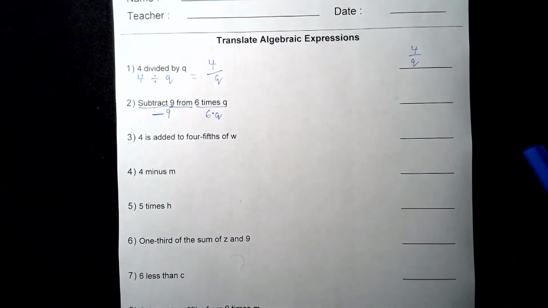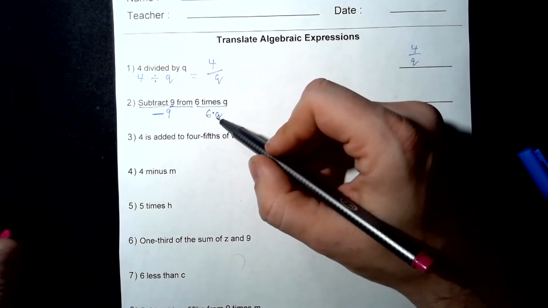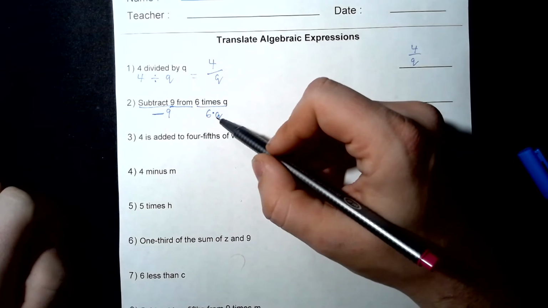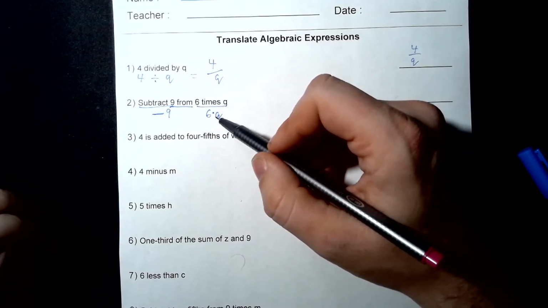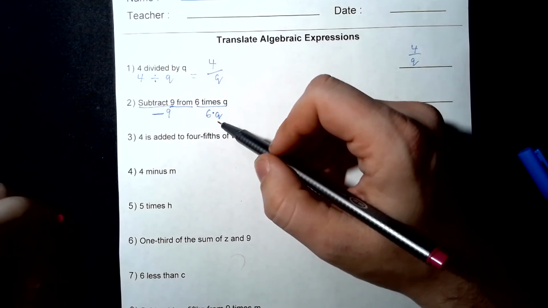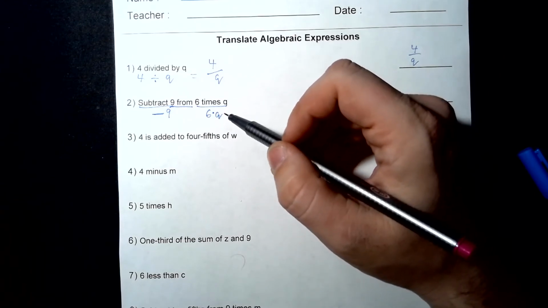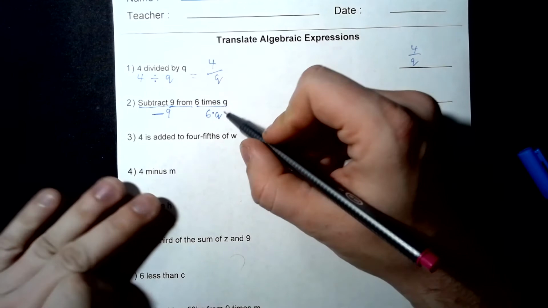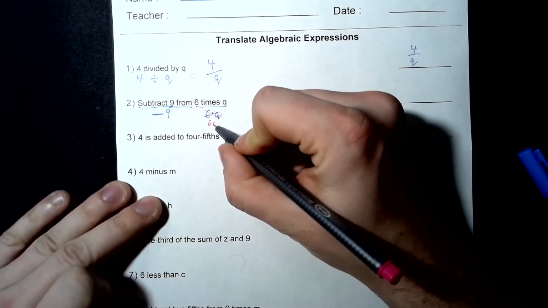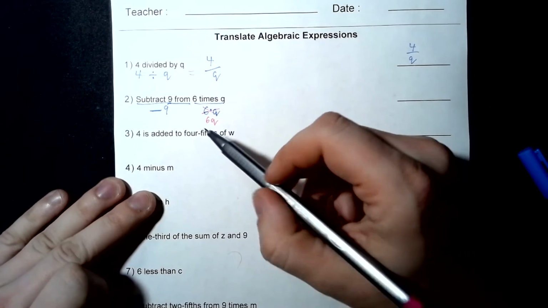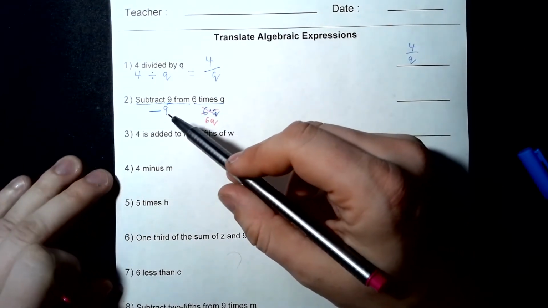Well, now hang on a second. 6 times q, if you remember from our notes, we don't need the times symbol there. If we just write 6q, that means 6 times q. So we can go ahead and get rid of that multiplication symbol. So rewrite that as just 6q. And clearly this is in the wrong order.